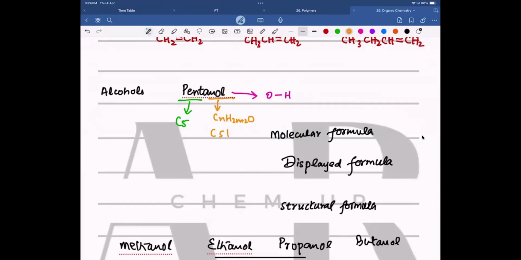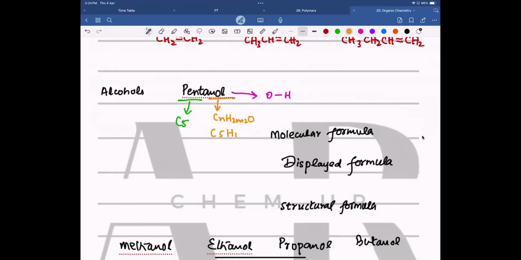There are two ways of writing the general formula. It would be CnH2n+1OH, or otherwise it can be written as C5H11OH.